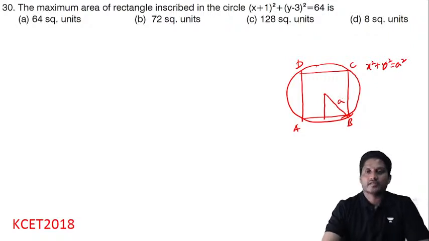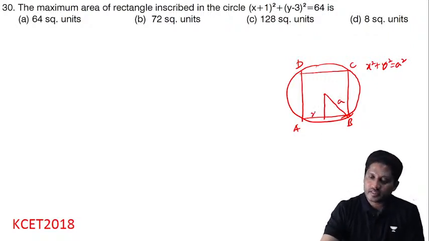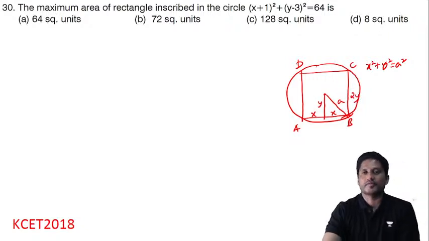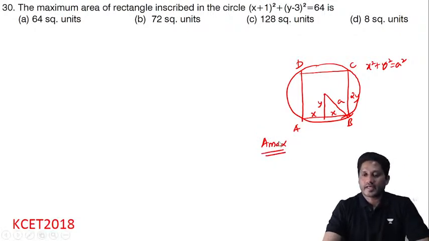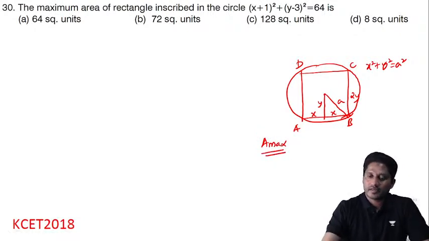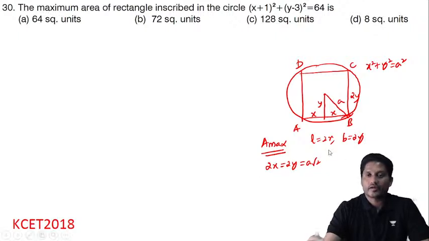Fixed radius is a. The length is 2x and the width is equal to 2y. Area of a rectangle is maximum when it becomes a square, that is the length and the breadth should each be equal to a root 2.